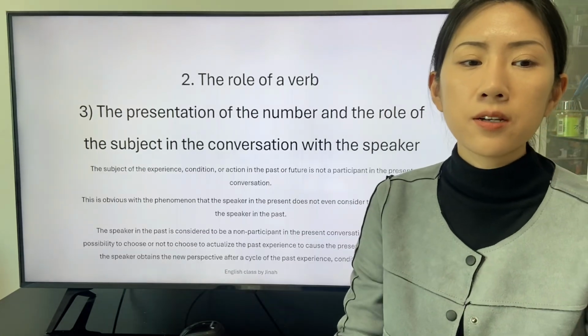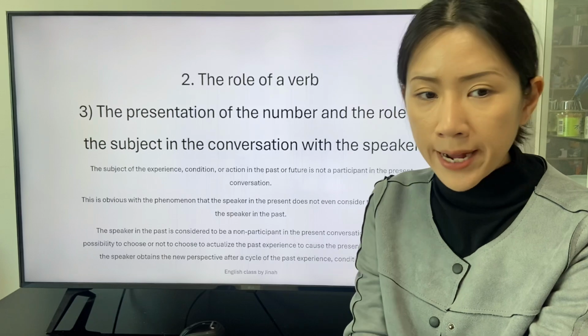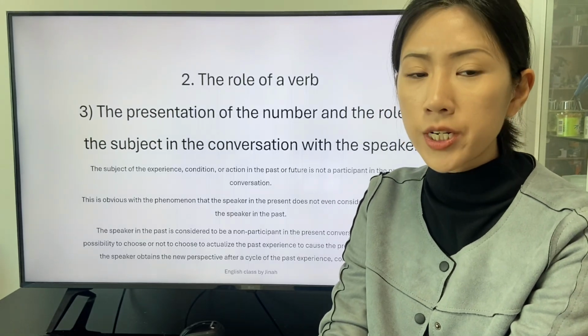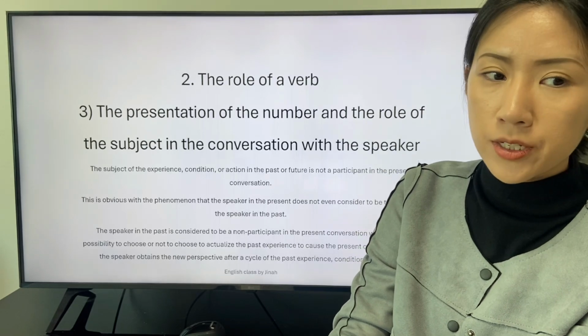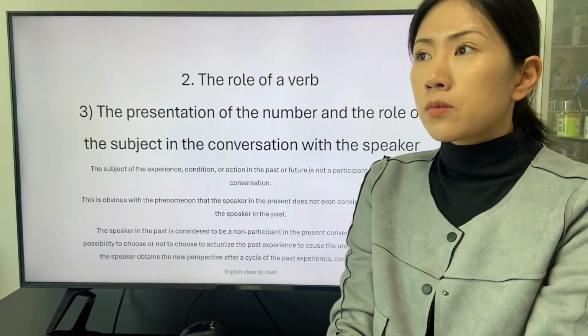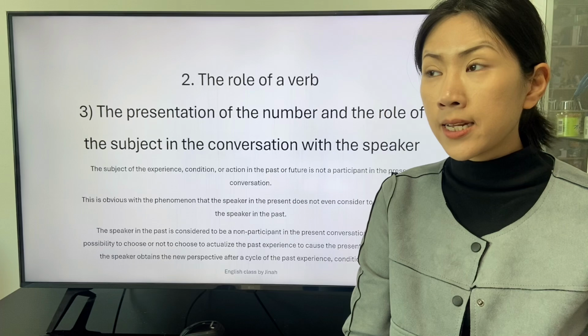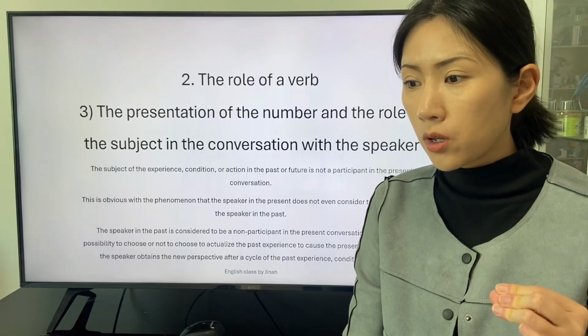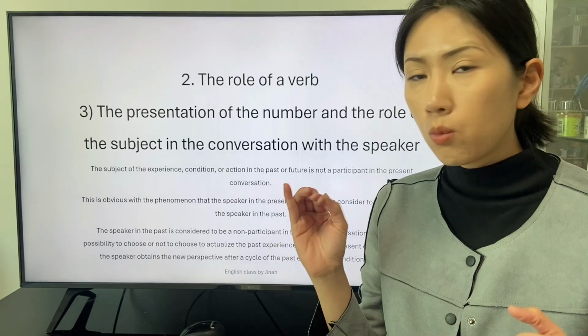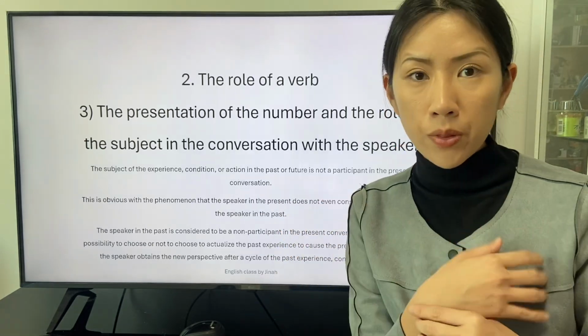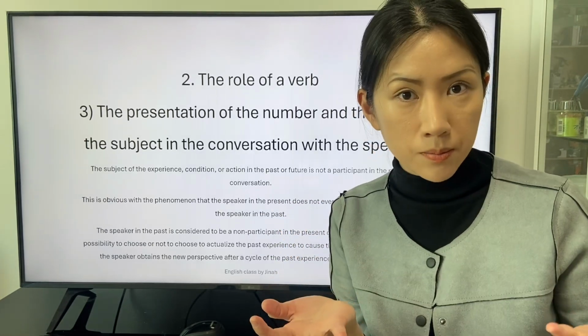The subject of the experience, condition, or action in the past or future is not a participant in the present conversation. The past and the future are not the time when the conversation with the speaker happens.